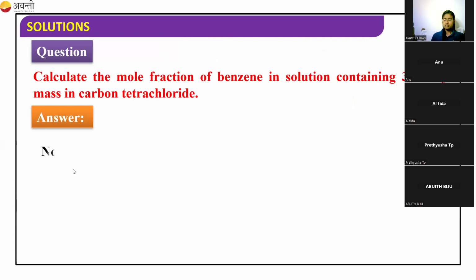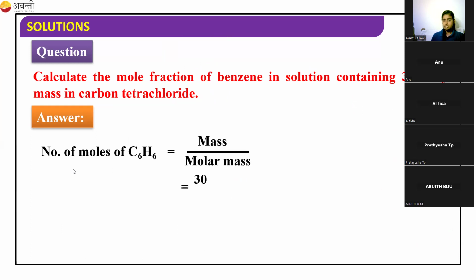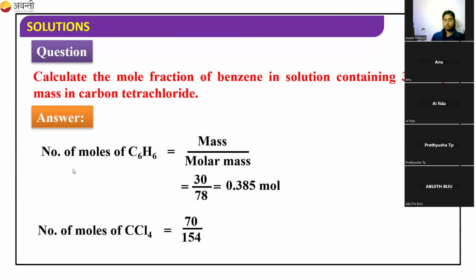So the number of moles of benzene is equal to mass of benzene by molar mass of benzene. The given mass of benzene is 30, molar mass is 78. The answer is coming out to be 0.385. And now coming to the number of moles of CCl4, it is 70 divided by 154. So it is 0.454. The number of moles are ready.